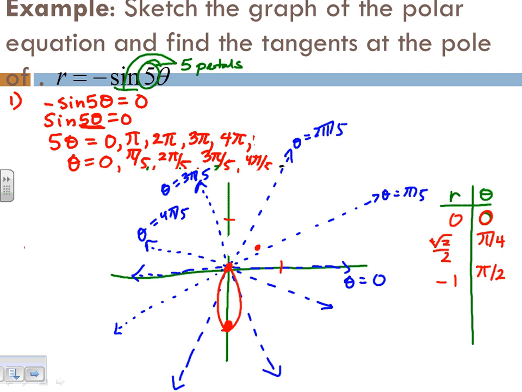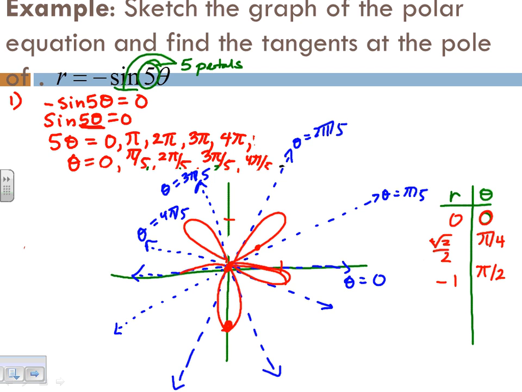I can really kind of get the rest. Now, I don't know exactly the way it's going to flow, but I can say, if that's a petal, where's the next petal? Not here. Here. Not here. Here. Those are all lengths of 1.